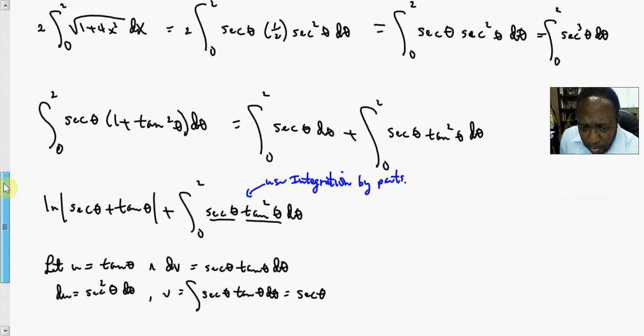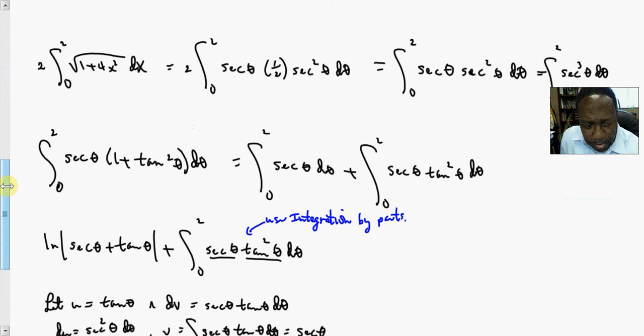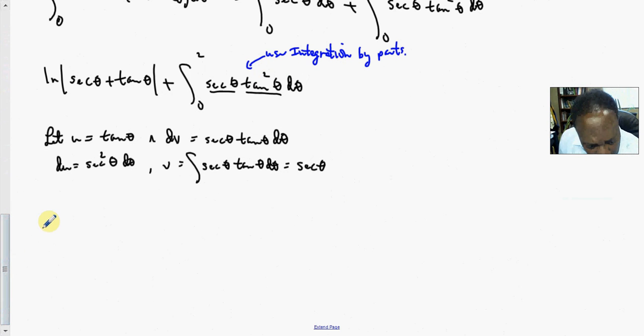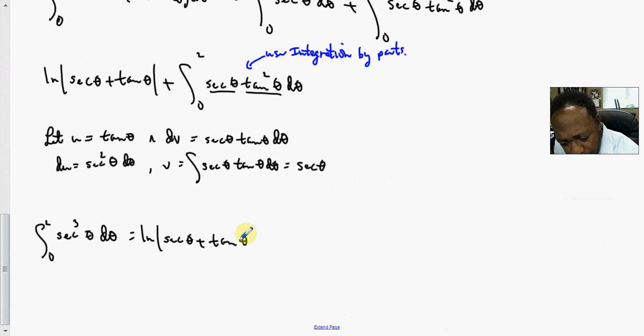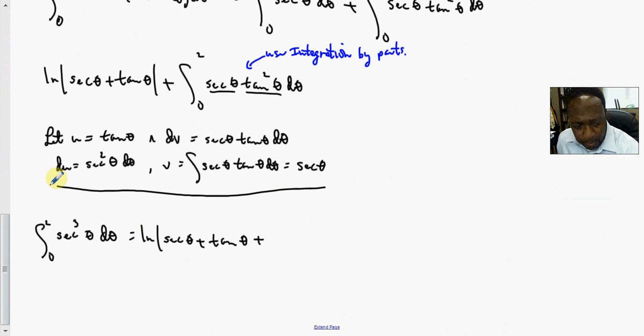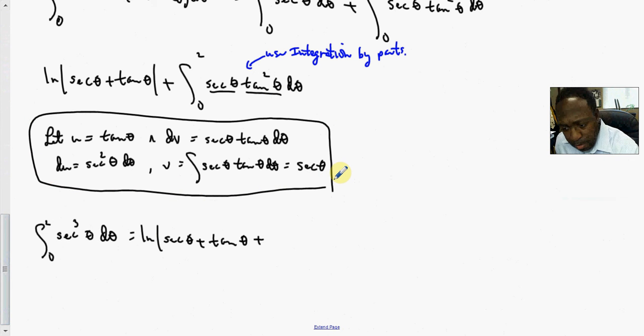So what we started with was the integral of secant cubed. I'm going to put that here. This is the integral from 0 to 2. Told you, most everything you learned from calculus 2. This is here that natural log of the absolute value of secant theta plus tan theta, plus this integral of secant theta tangent squared theta, which is broken up by integration by parts.